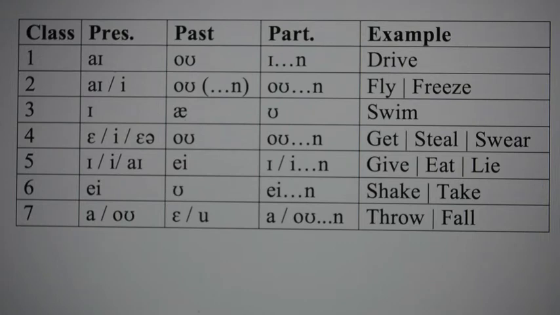Class 6 is an A sound followed by an OO sound, and then an AN, such as shake, shook, shaken, and take, took, taken.